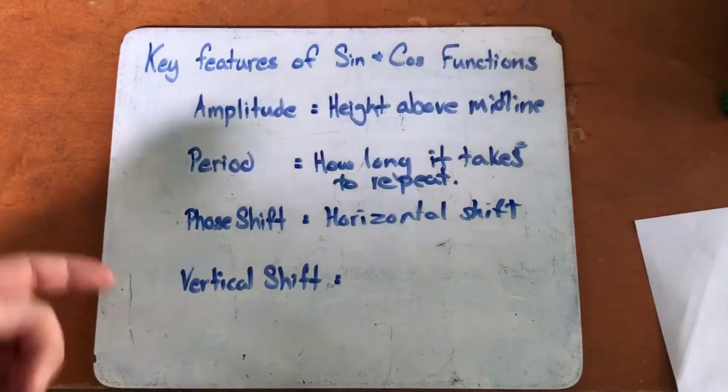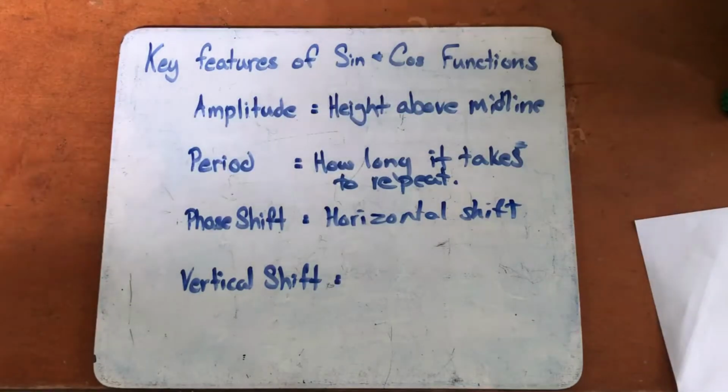When we look at the pictures of sine and cosine in just a second, my sine and cosine graphs always start on the y-axis at a specific spot. If that spot is not on the y-axis, there has to be some sort of phase shift. And we'll look at that when I show you the picture in just a minute.